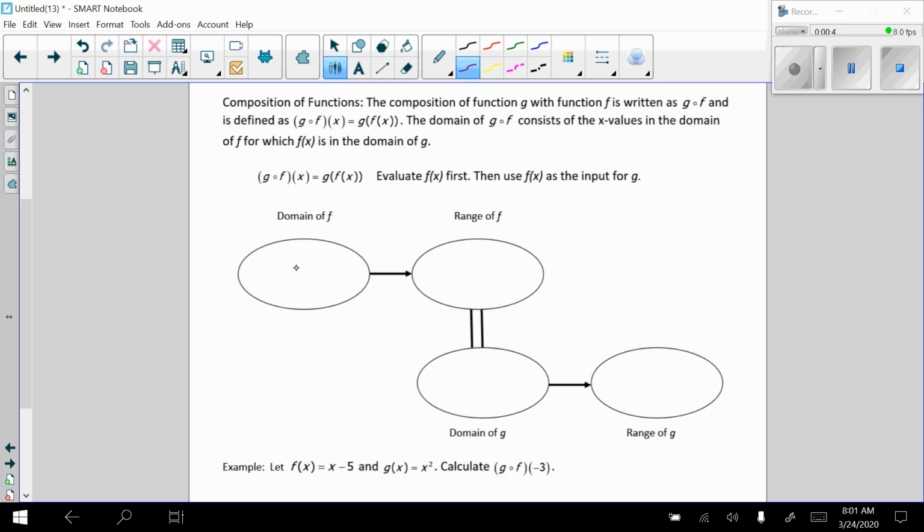we take a particular x value for the first function. We substitute it in, and what that will do is it will give us a y value, in other words, a height.